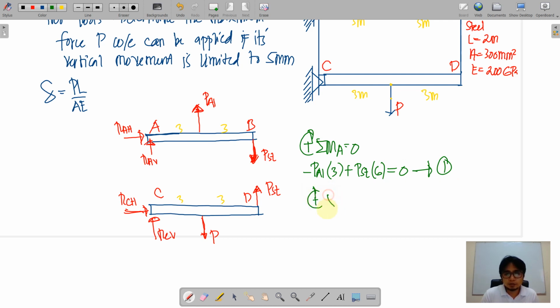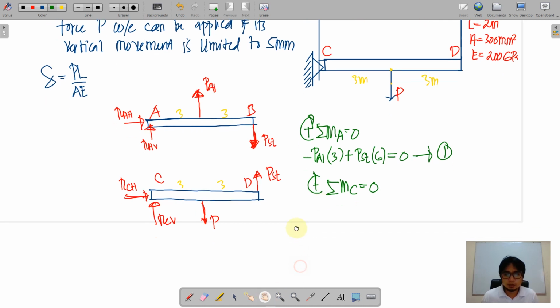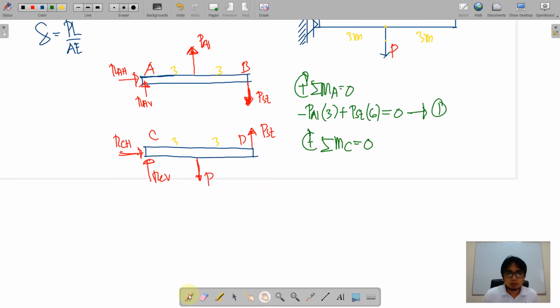And then for the FBD of CD, we will take moments at C. We have P, clockwise, times 3 minus P of steel times 6, equal to 0. Let this be our equation 2.